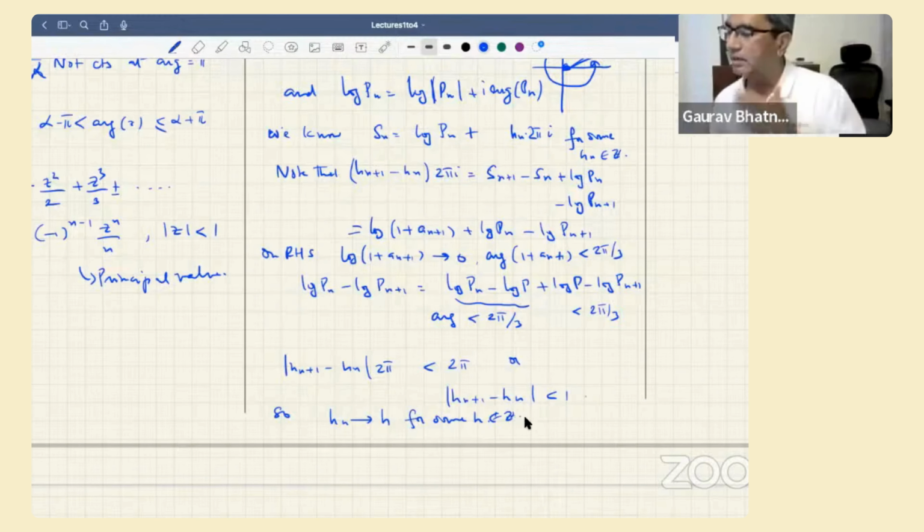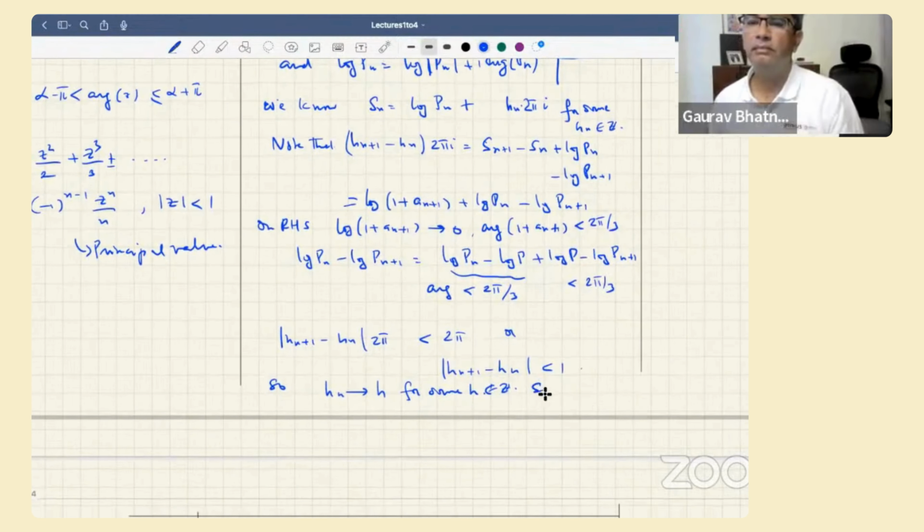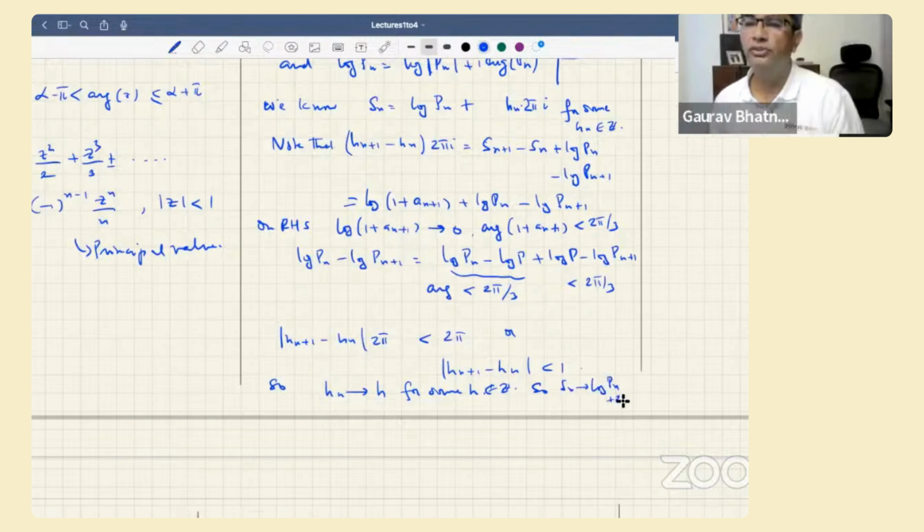So Sn converges to log of Pn plus 2h pi i, and that does it.